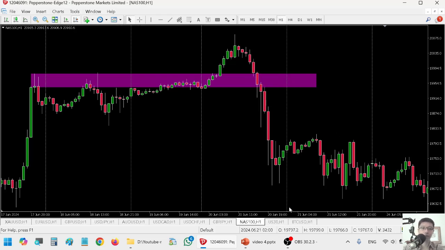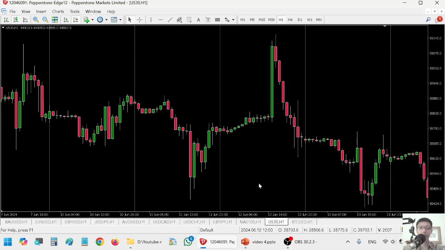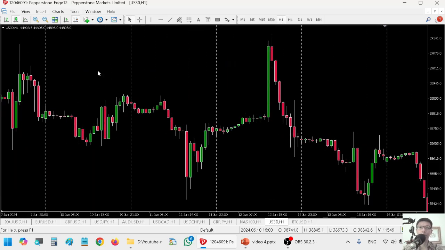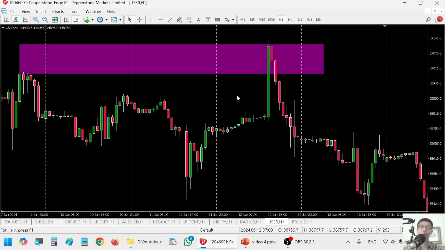Okay, let's see Dow Jones. Oh, this is a very nice resistance again. In this area, after this bullish candle, sellers come in and make one push.